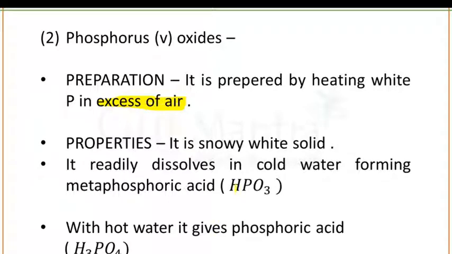These 2 points are very important. When you react phosphorus pentoxide with cold water, it will give HPO3. But when you react it with hot water, what you will get? H3PO4. So these 2 points are the very important properties of phosphorus pentoxide.